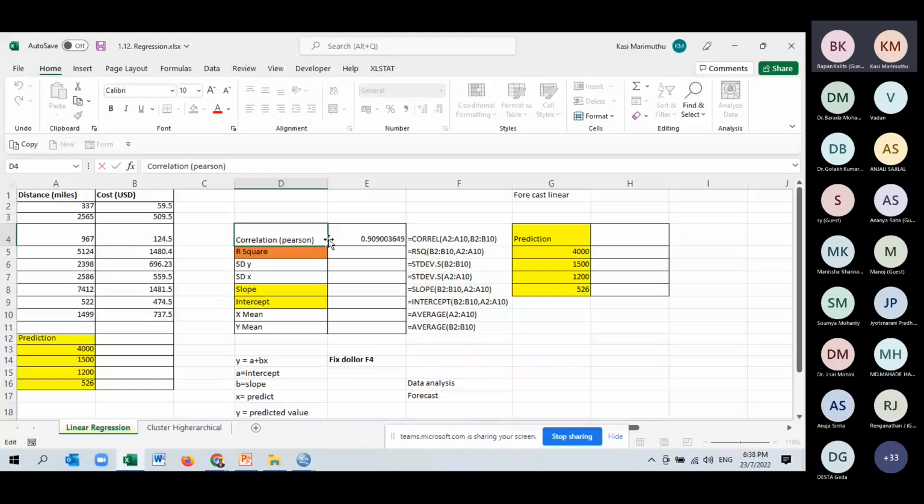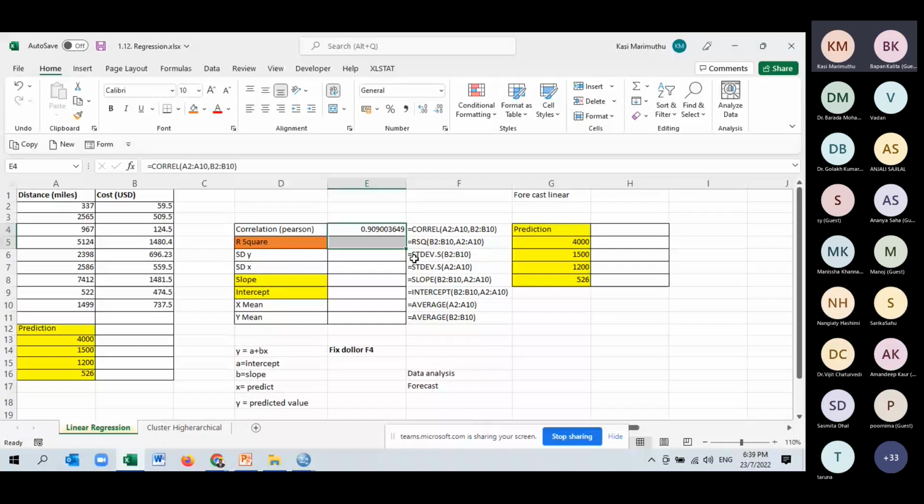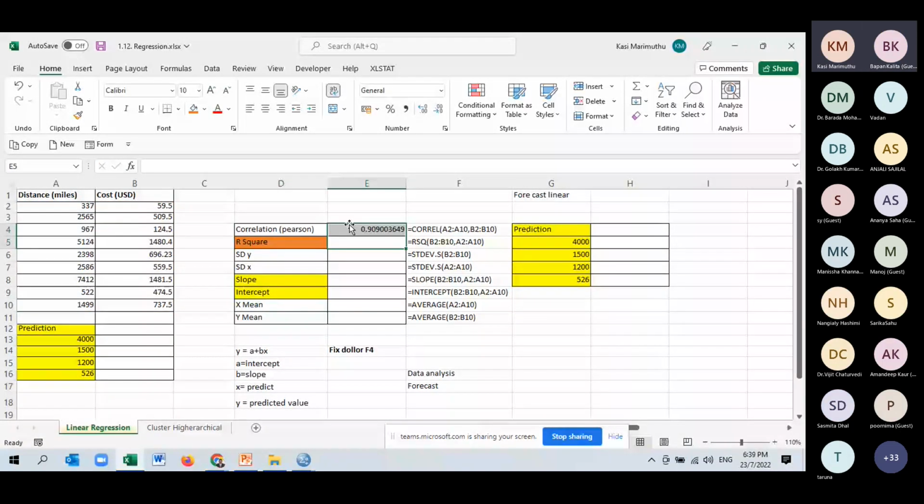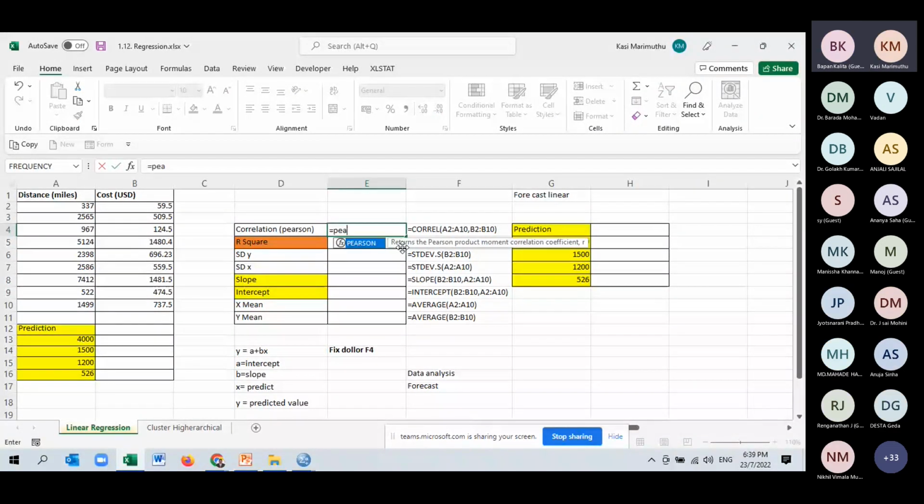Sir, in the formula, if you write equal Pearson, then you can select it and it will serve the purpose. I didn't get you, sir. One minute. There is a Pearson there. Yes, I didn't know that. Okay, yes, sir.